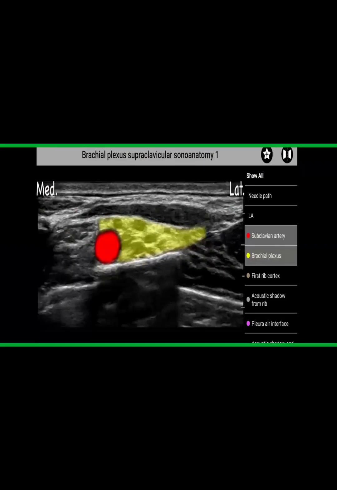Now this is a little mix of the sonoanatomy and a colorful illustration. We can see the red is the subclavian artery, and to the right side of the subclavian artery is the brachial plexus sheath, in which there are all the trunks and divisions. And below the subclavian artery and the brachial plexus sheath, there is a white hyperechoic line that is the first rib.